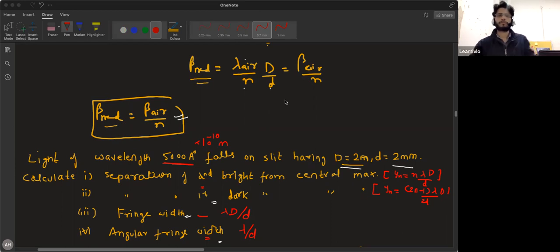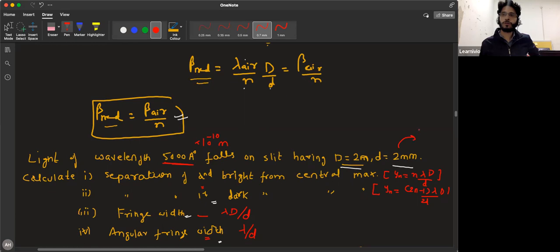Yashika, it's wrong. Just check your calculations first. See, this is mm. Convert this into meter before starting your calculations. It is 10 to the power -3 m. For the second bright fringe, n is 2, but for the first dark fringe, n is 1.